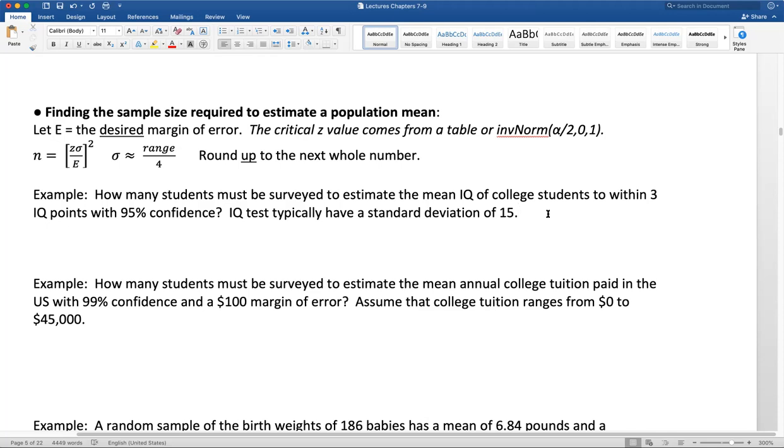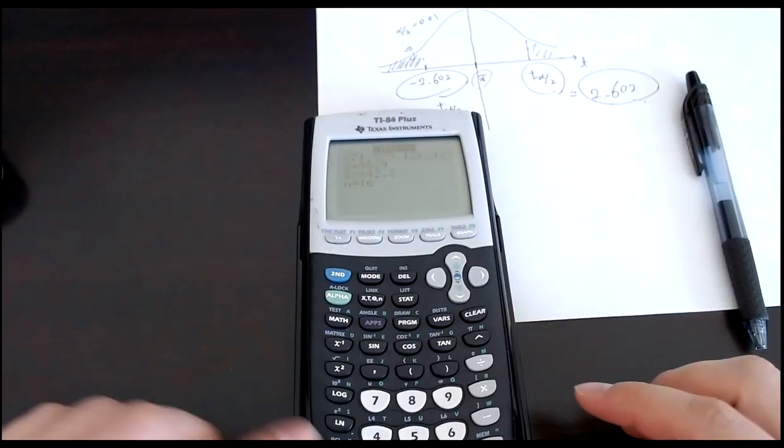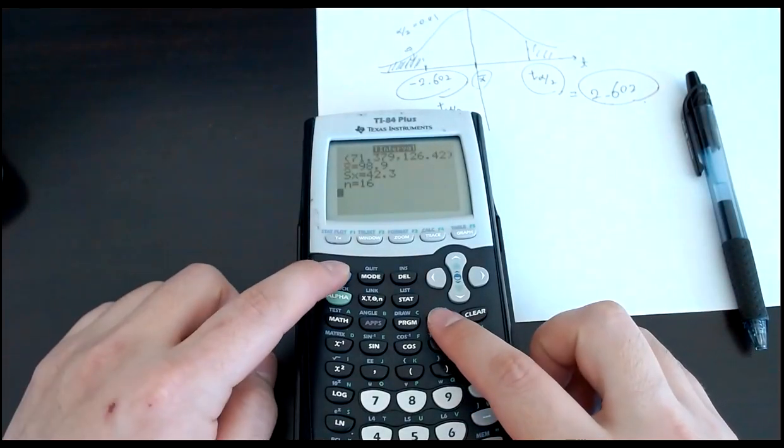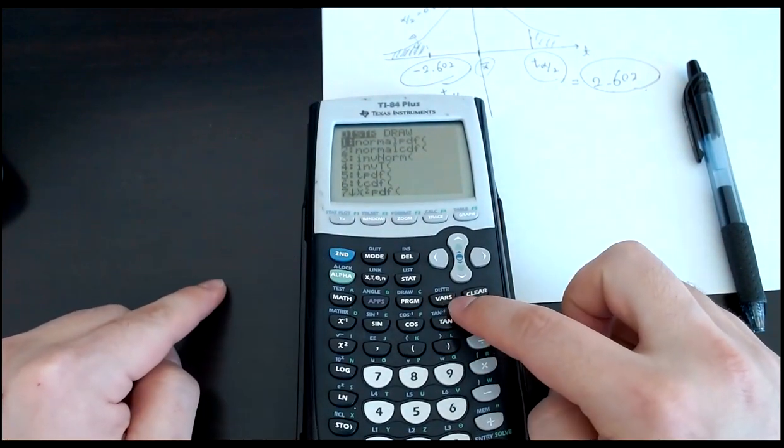All right, so now n is equal to, let's see, it should be lowercase n, right? n is equal to bracket and then z. To find the z score, we use the inverse norm. So we go to the distribution: press second and then press variables.